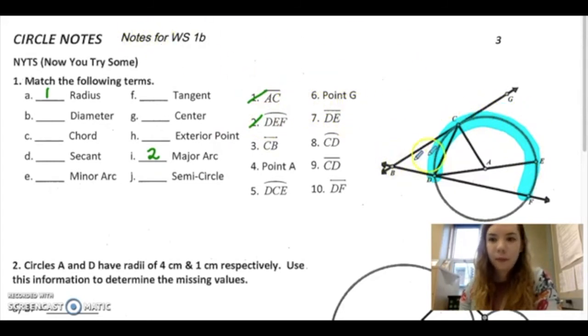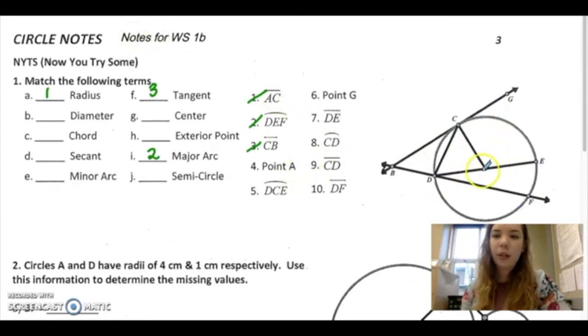CB, well, it's talking about this line, which is a tangent line. Then we have point A, that's the center of our circle. DCE would be this arc, which is a semicircle, that's half a circle.